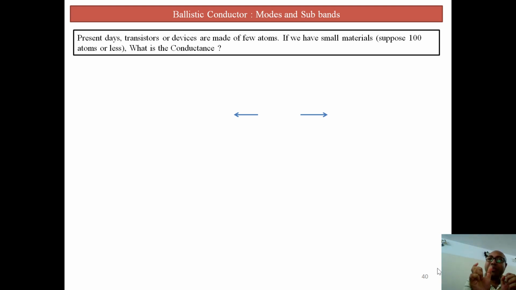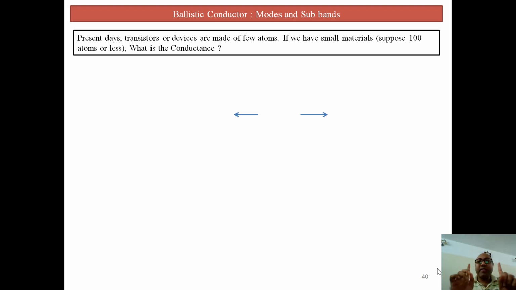If you have a very small conductor, like in 15 nanometer technology, maybe 100 or 150 atoms are there. If you apply voltage across it and you want to measure the current, you can consider this situation as ballistic. What is ballistic?